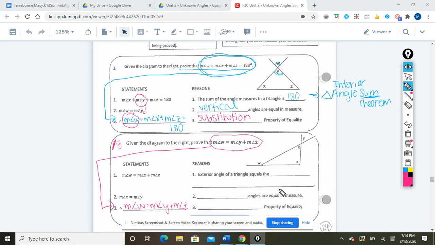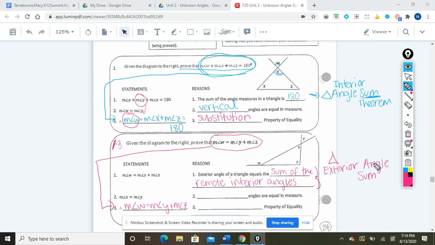Why is W equal to X plus Z? Because the exterior angle of a triangle equals the sum of the remote interior angles. This may also be called triangle exterior angle sum.